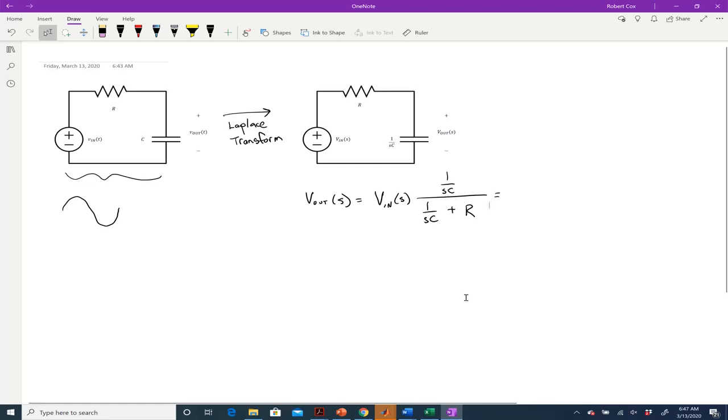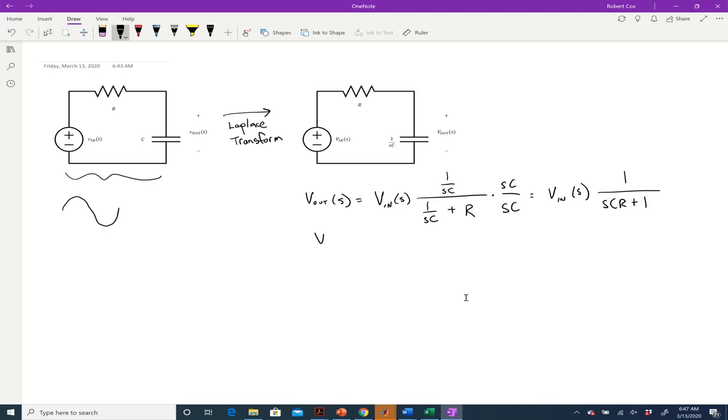So I multiply top and bottom by SC. I'm effectively multiplying the whole thing by 1, and this becomes Vin of S times 1 over SCR plus 1.